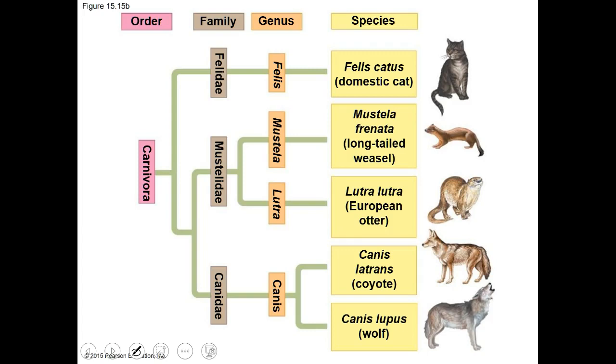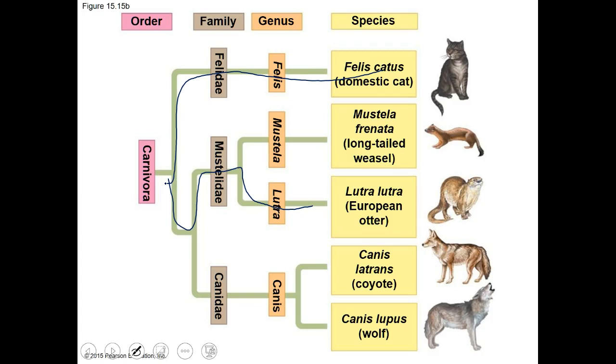And if we looked at Mustelidae, it would branch into the genus of Mustela and Lutra, and so that would give us a weasel and an otter. And so we can sort of see that the actual common ancestor of the otter and the cat, if we follow those lines back, it's way back to Carnivora before these guys have a common ancestor. So that's sort of what we're looking at here.